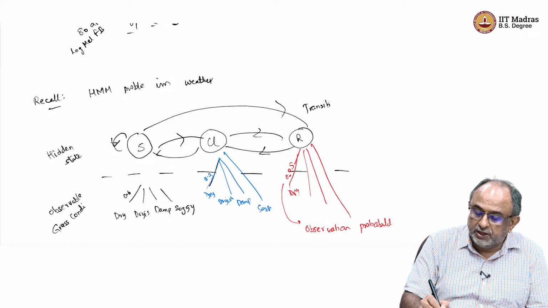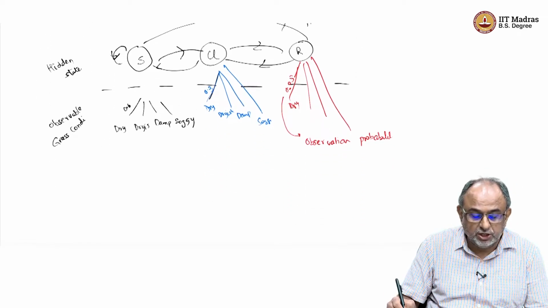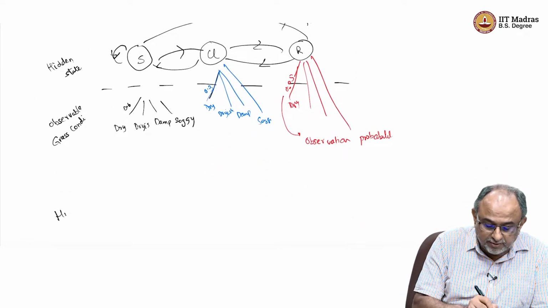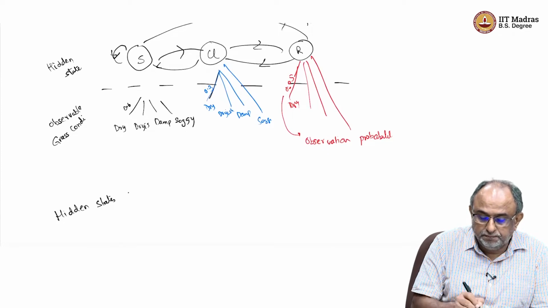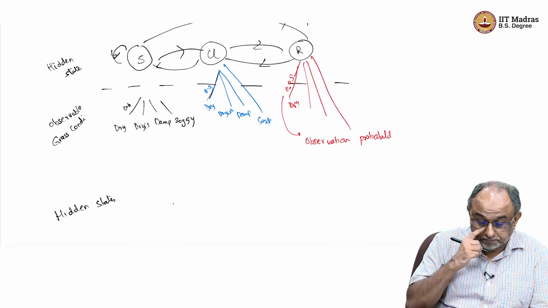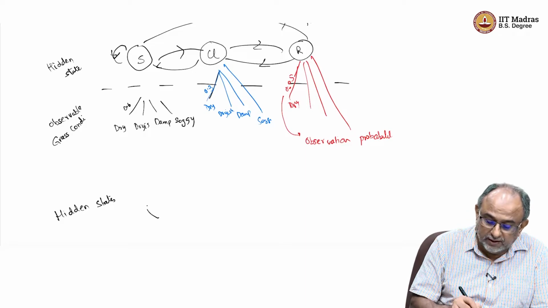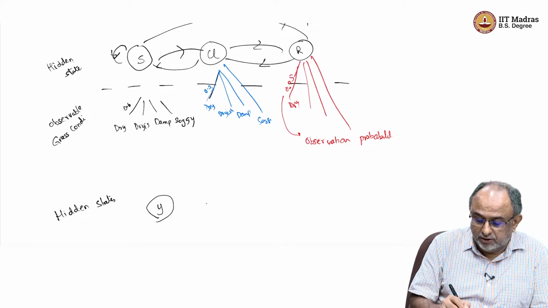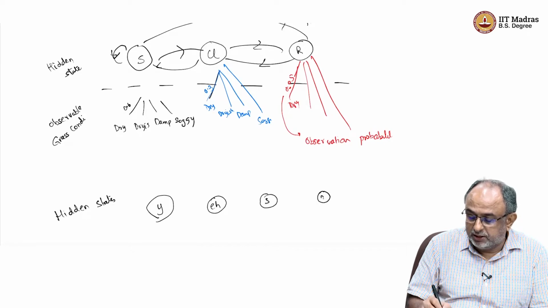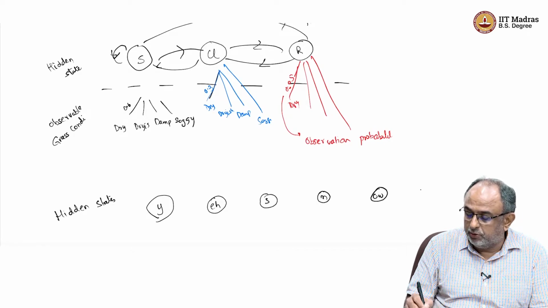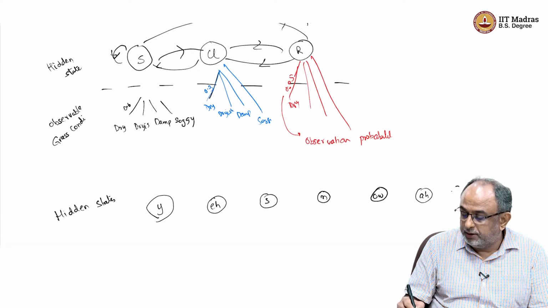Now we have a similar kind of scenario for speech, where the hidden states are nothing but your phonemes: yeah, s, n, ow, a, e, all these.